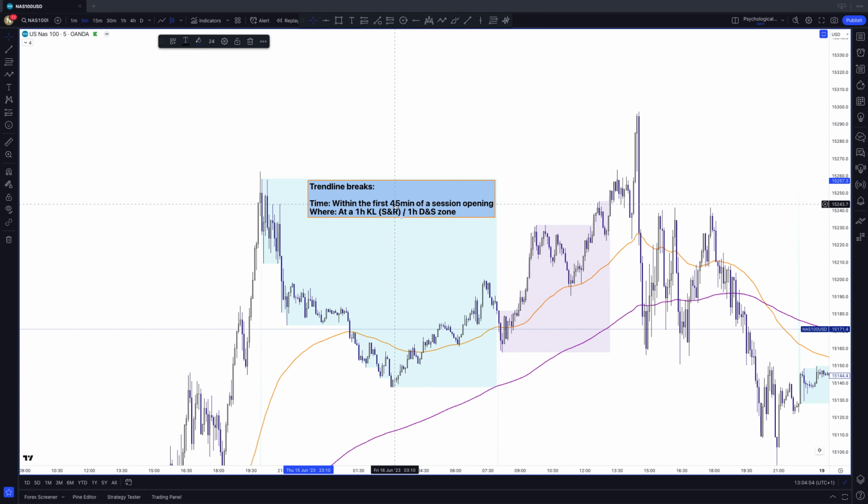Because in my opinion, with my experience, what I've seen is that whenever a new session opens, there is a lot of volume that comes into the market. And especially the London session is very interesting because the London session is often the beginning of a reversal, or there is a brief fake in a certain direction and then the price turns around.